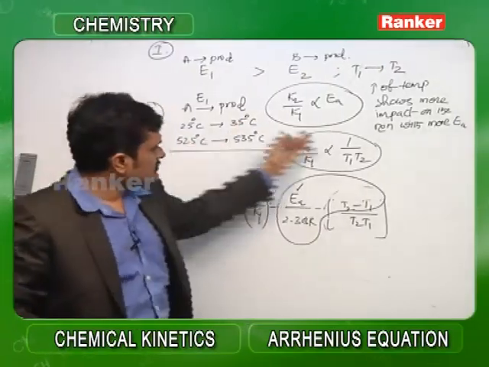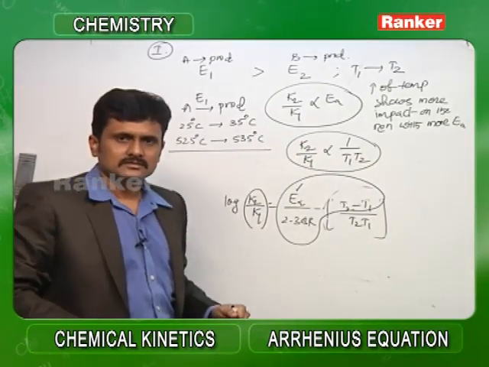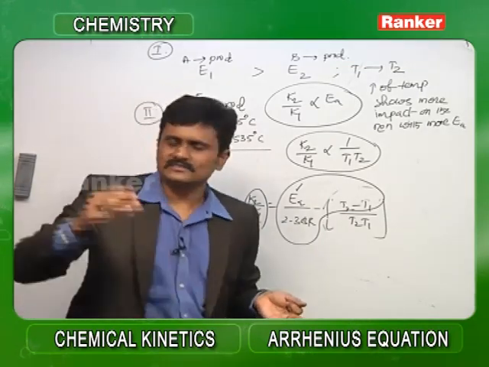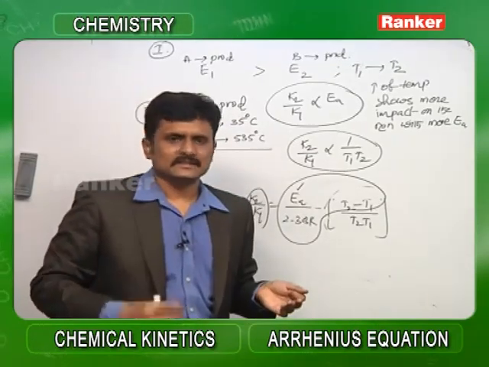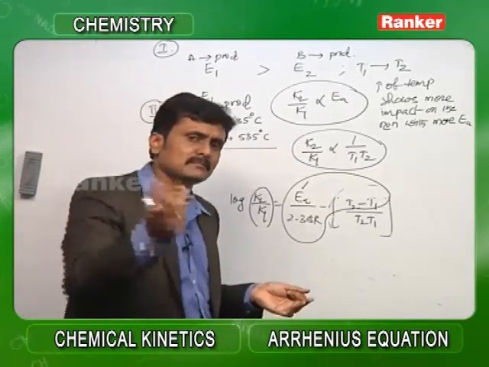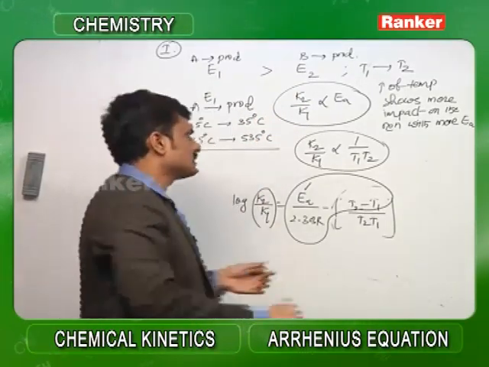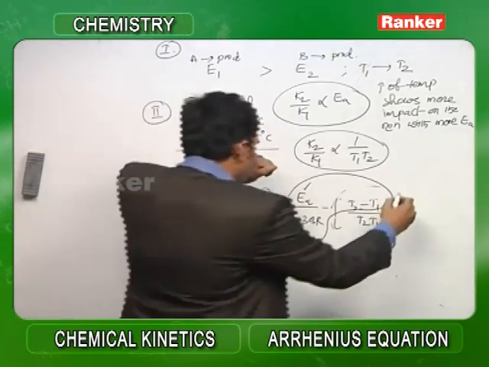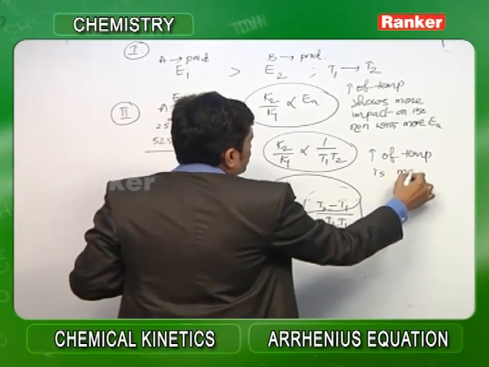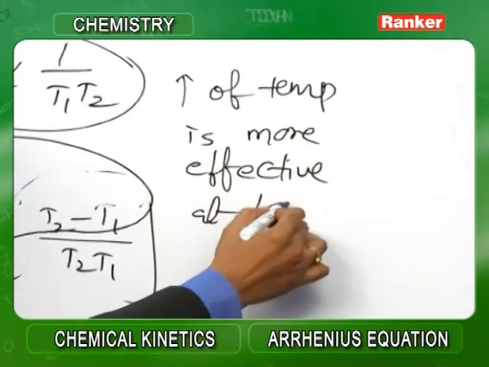So you can see if the temperatures are higher, the impact will be less. That is why we always say that when you carry out a particular reaction, you will see phenomenal growth initially. For example, you boil water, the extent of boiling initially would be higher compared to the later stages. As you are raising the temperature, the impact of variation of temperature won't be higher. So we will say that increase of temperature is more effective at lower temperature ranges.